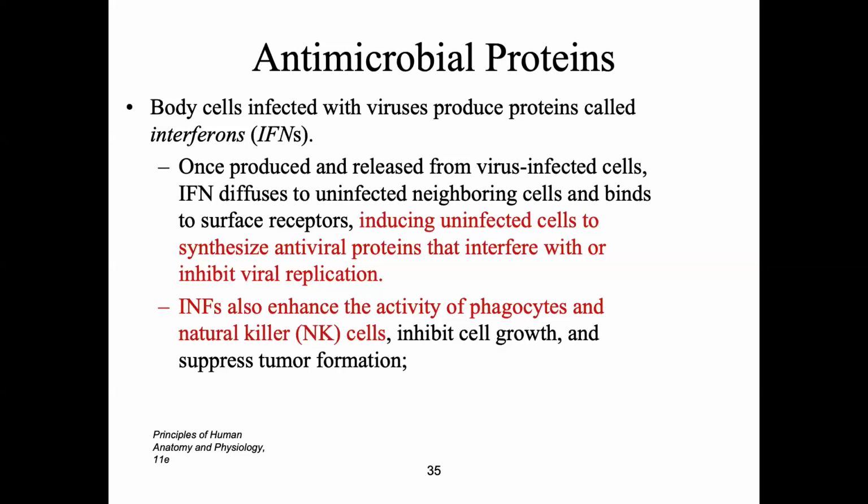So one of the things that we need to do is, once a cell gets infected, make it okay for normal white blood cells to kill that infected cell. When it's healthy, a white blood cell will not kill that cell. But once that cell gets infected with a virus, there's no way for that cell to recover anymore. It's going to be producing viral products from that point on.